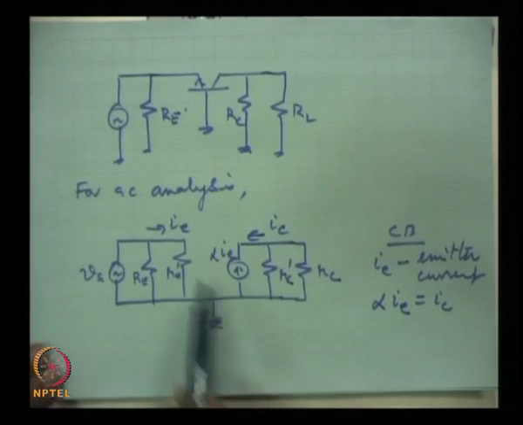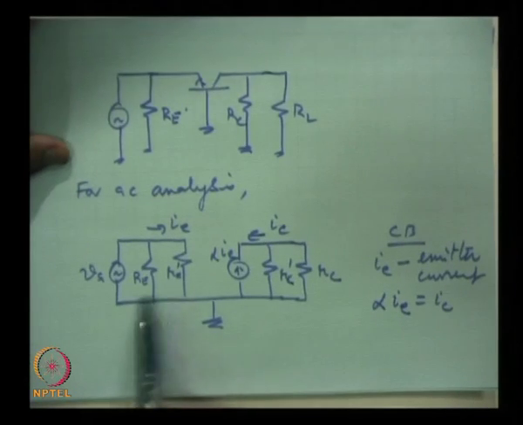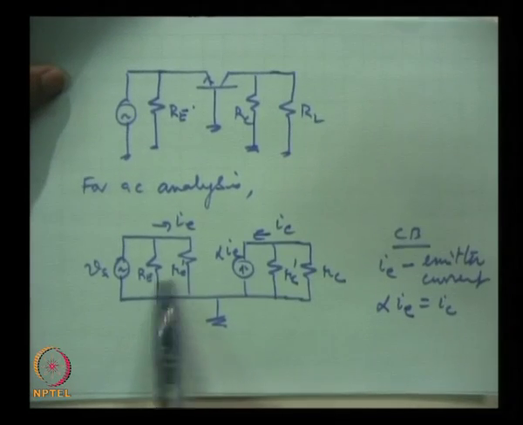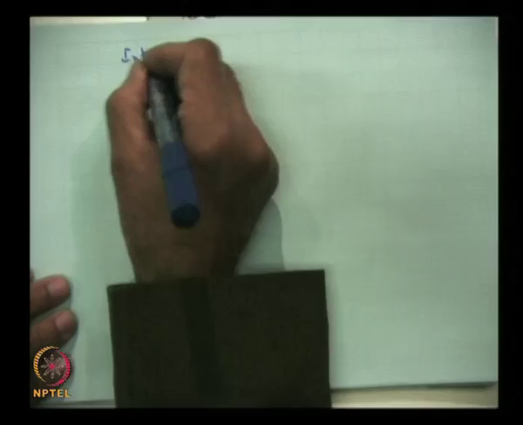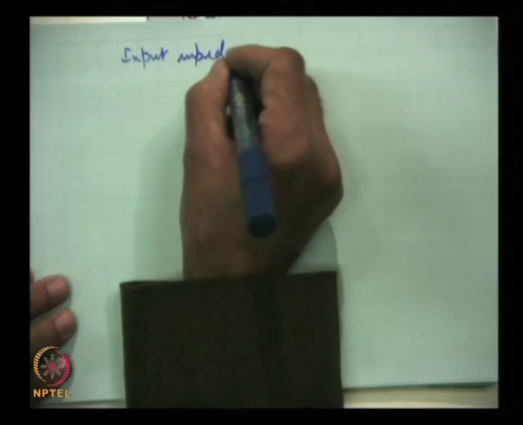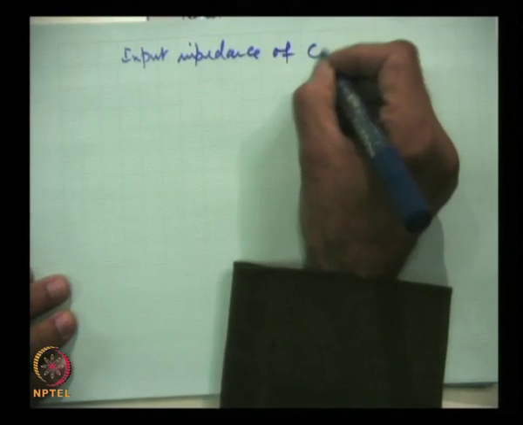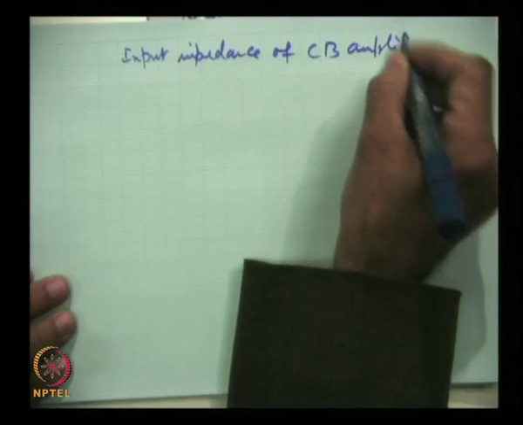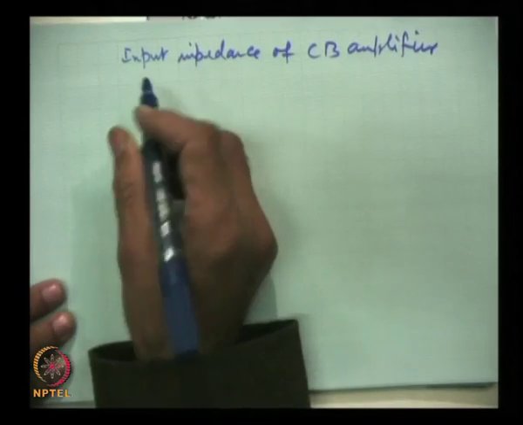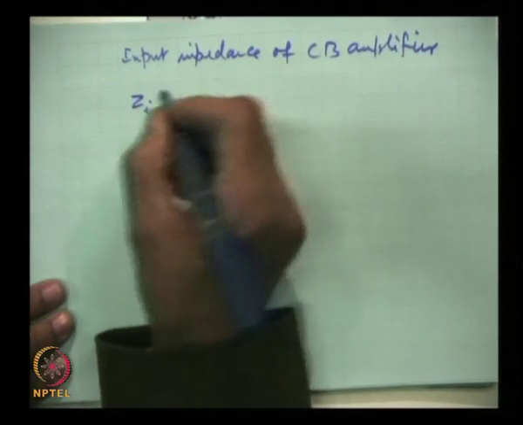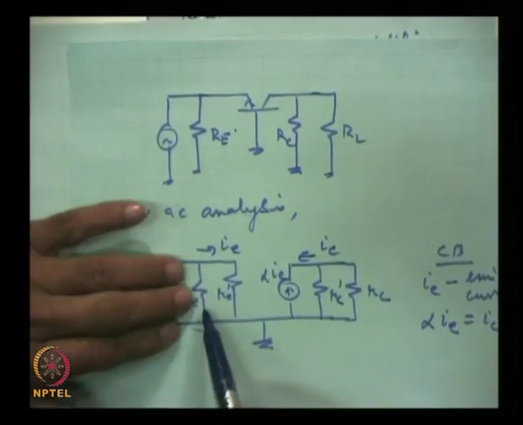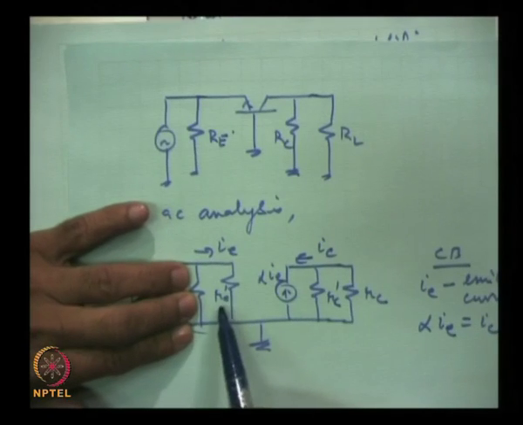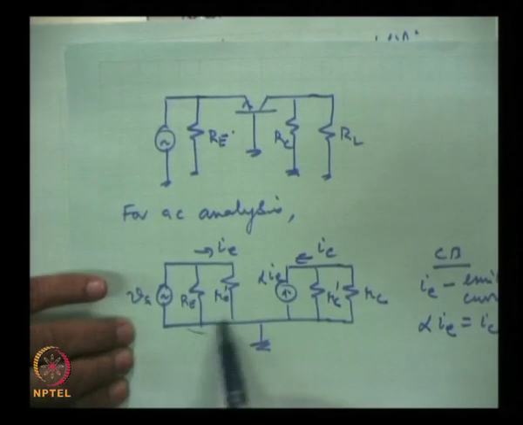Now, look here, what will be the input impedance? Input impedance is simply these two resistances in parallel. So, the input impedance of the common base amplifier is Zi. This is of the amplifier itself, when we take the biasing into consideration, otherwise it is Re prime, but the two are coming in parallel.